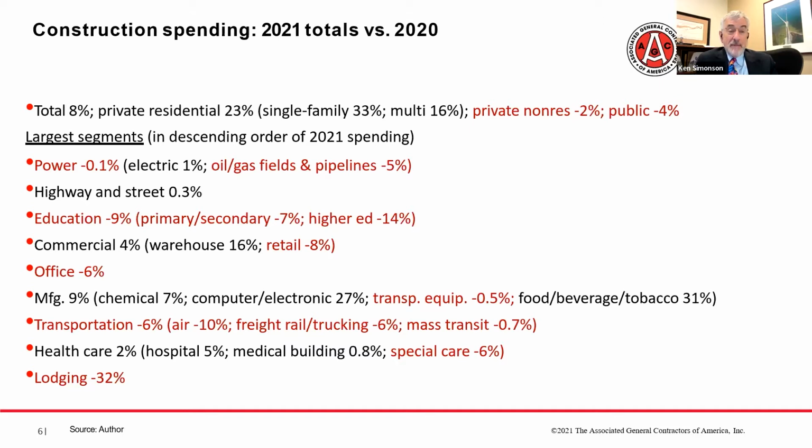So to start at the top, power construction came in just about flat, but there's a significant difference. The Census Bureau counts every form of power generation, transmission, and local distribution, as you would expect, but then they also add in the spending on oil and gas fields and pipelines, and that piece was down by about 5%.